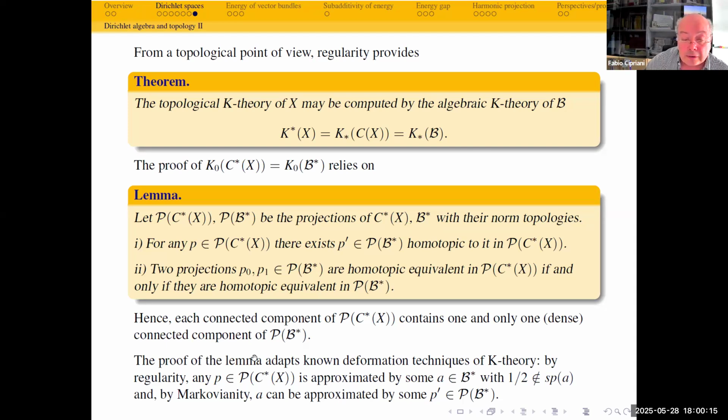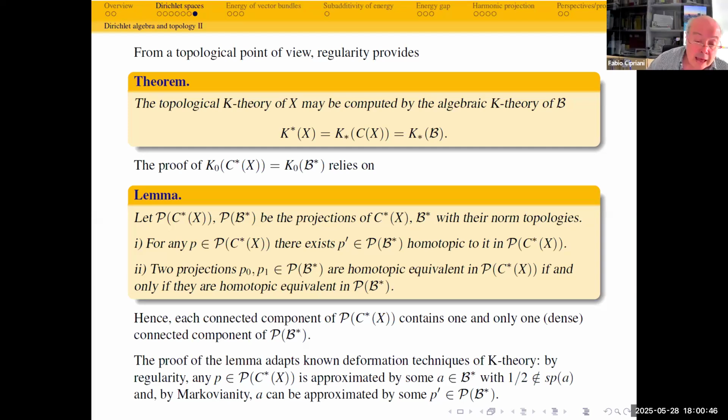The proof and many other proofs of this work rely on well-known techniques of K-theory by which, if we have a continuous projection P, by regularity it can be approximated by an element of the Dirichlet algebra which does not contain 1/2 in the spectrum.